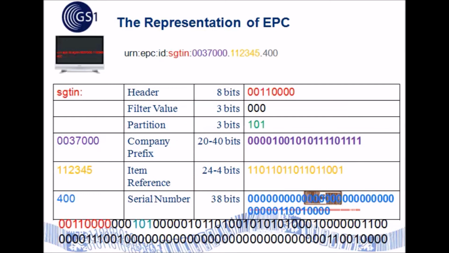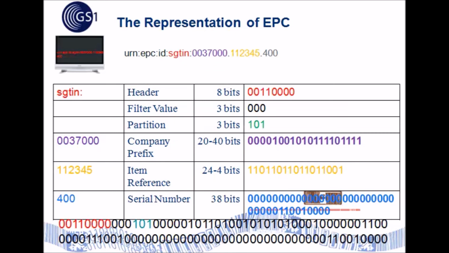Then we still need to add the EPC manager number, or we call it the company prefix here. There will be 20 to 40 bits to code the original number in the GT number. For example, 0037, then 000 will be decoded as a binary code.